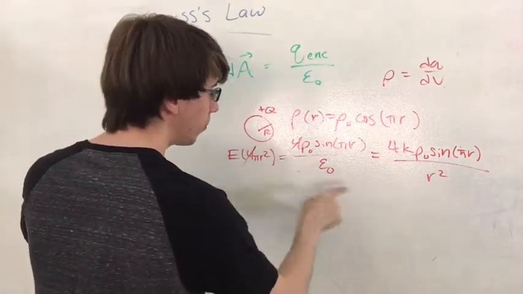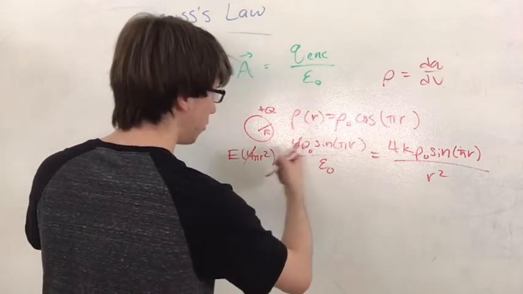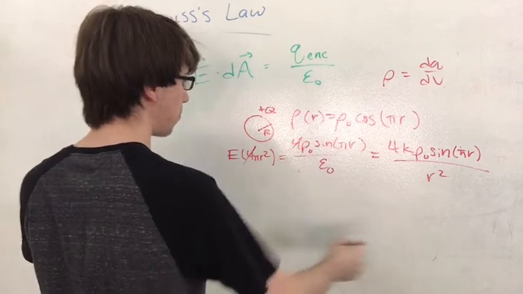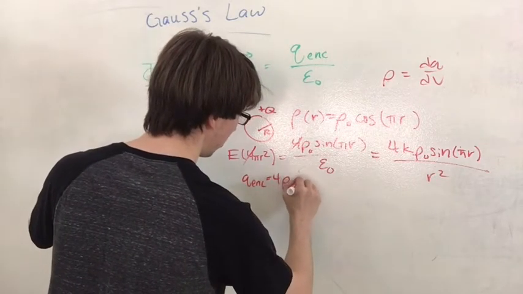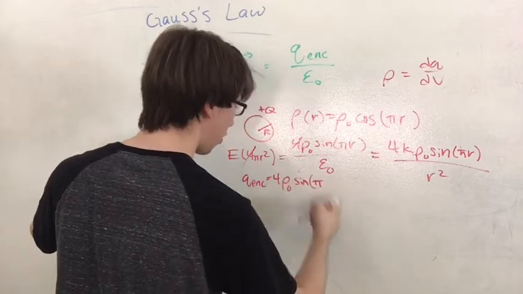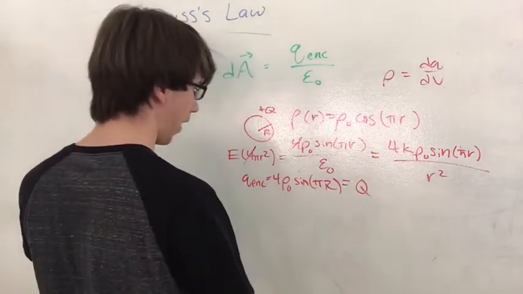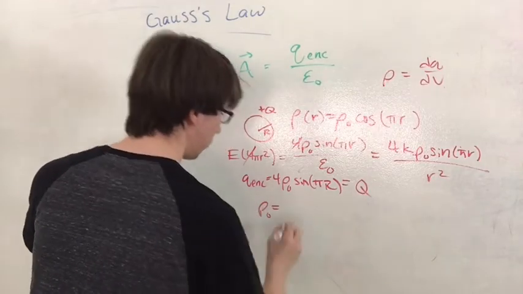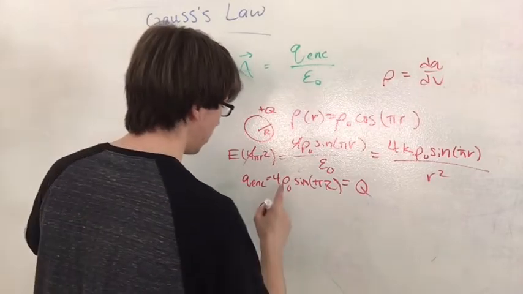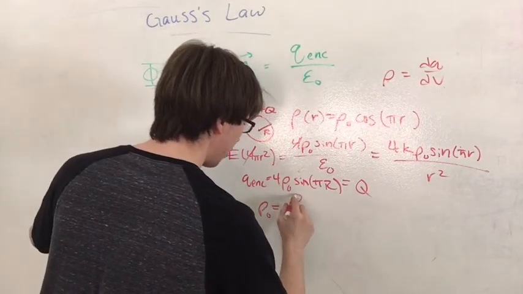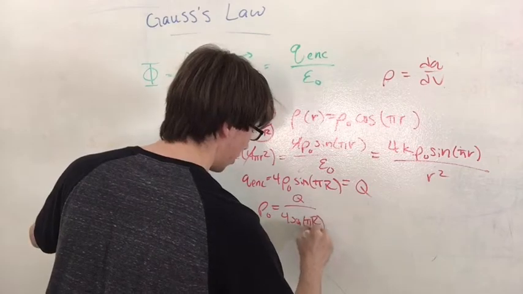Then Q enclosed, which is equal to 4 rho naught sine pi r, with r equal to big R, is equal to Q. So rho naught would be equal to Q over 4 sine of pi R.